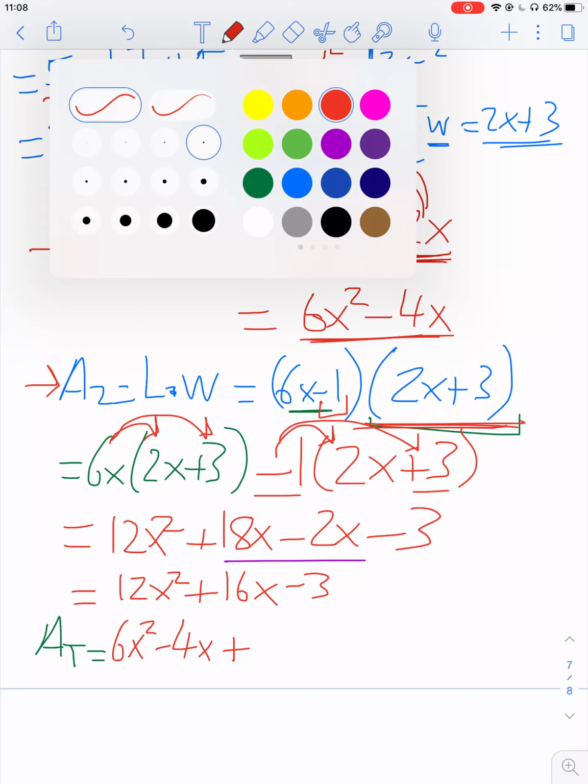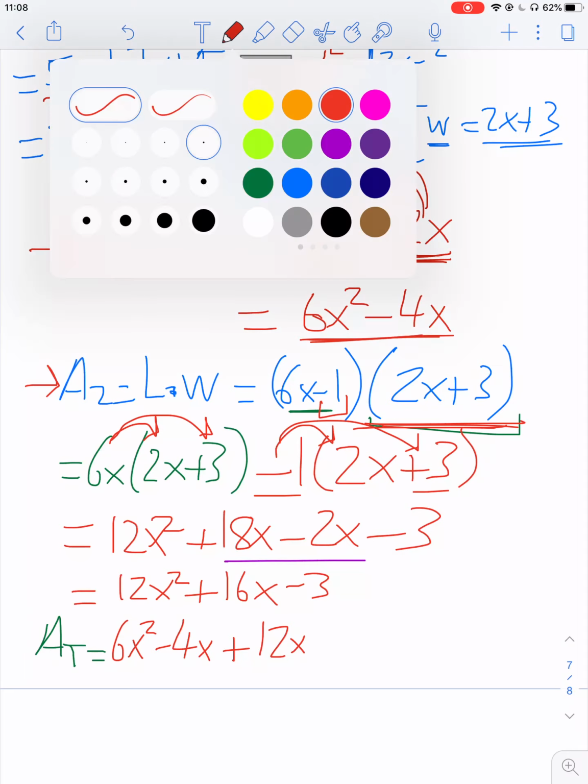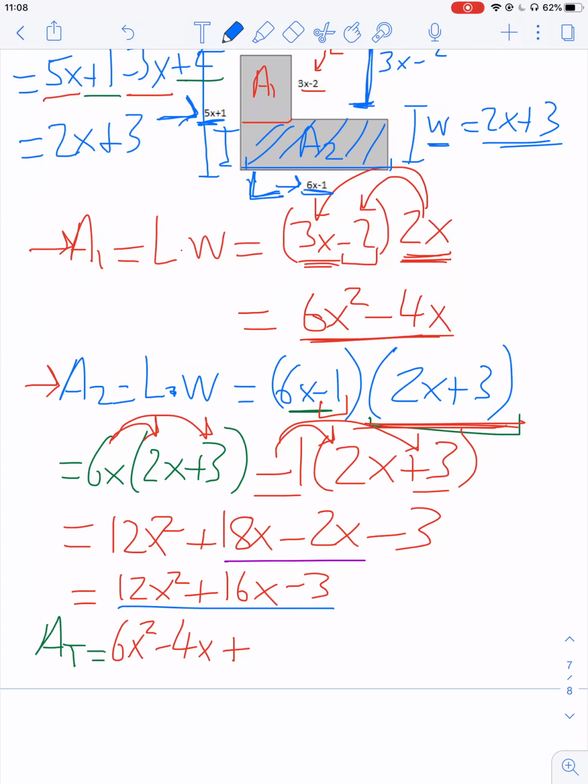You could put the brackets, but they're redundant in some sense, because I'm not multiplying. So A2 is this. Let me maybe use a different color for A2. This is A2, so that's 12x squared plus 16x minus 3.